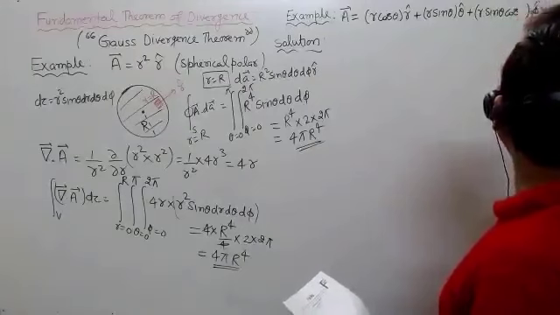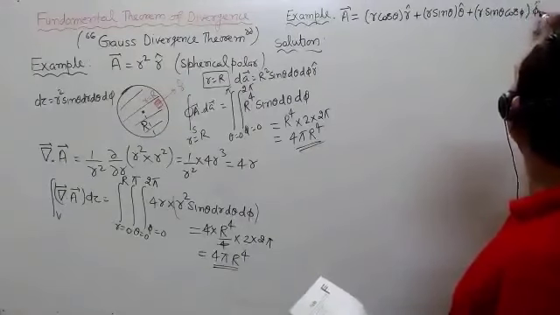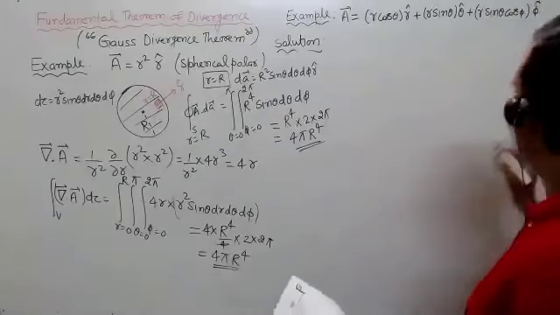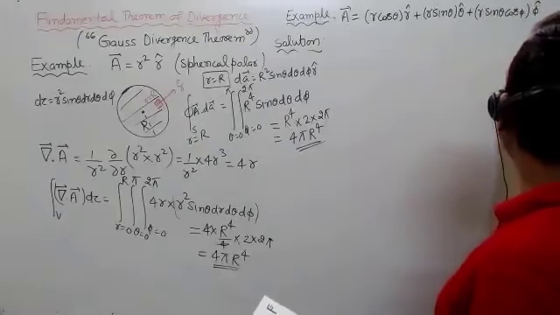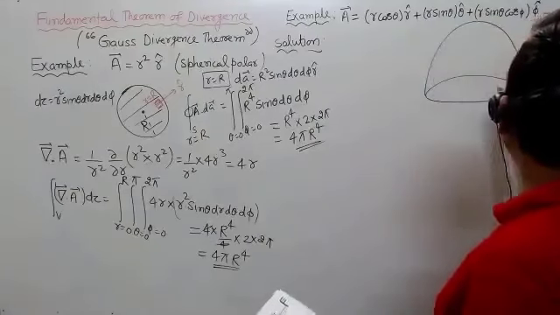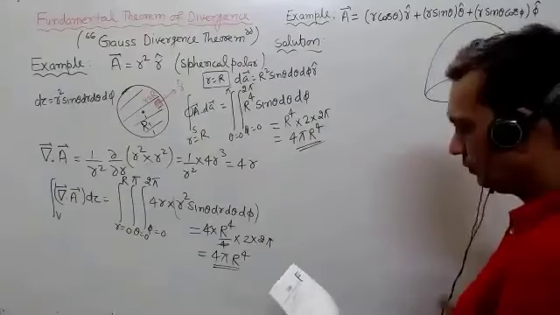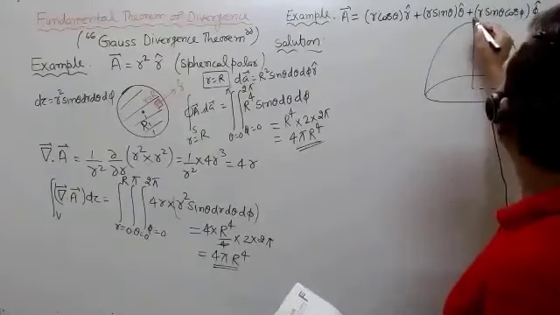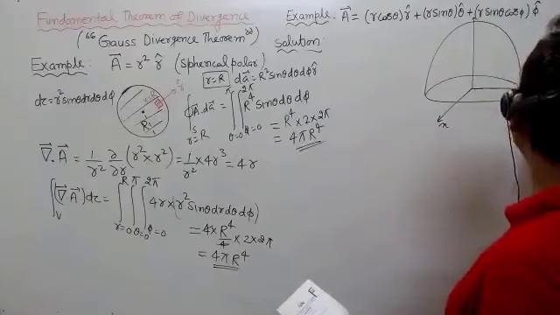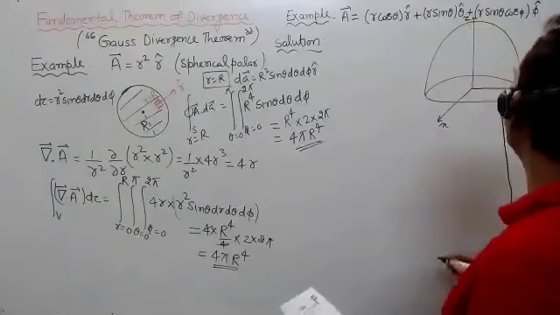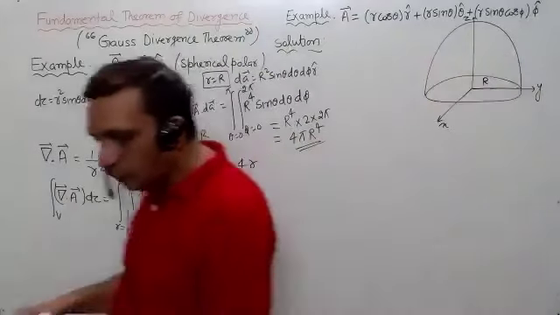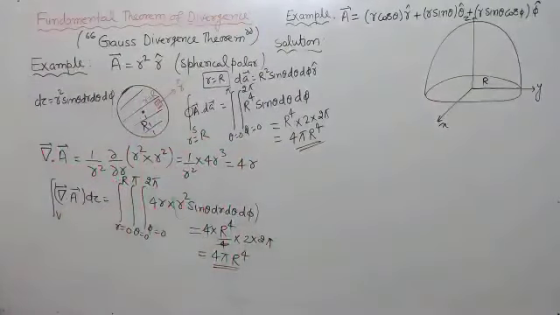Vector A is given in spherical polar coordinates and the volume is a hemisphere. Let us consider this volume. You have a hemispherical volume. This is x, this is y, and this direction is z, and its radius is R. So again you have to verify the divergence theorem.